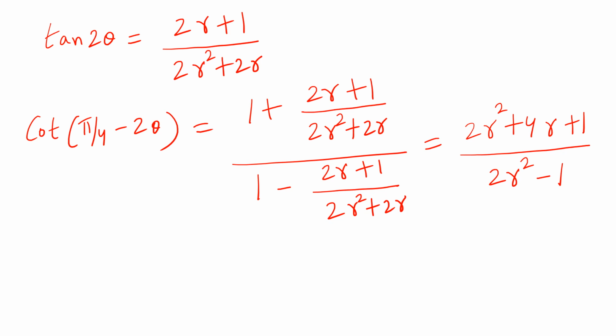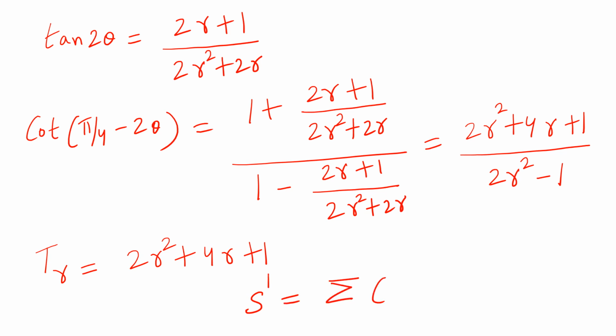Right? Now students, TR finally becomes equal to 2R square plus 4R plus 1, because 2R square minus 1 gets cancelled. Now we can easily find the value of S dash. It is equal to summation of (2R square plus 4R plus 1), and R varies from 1 to 15.